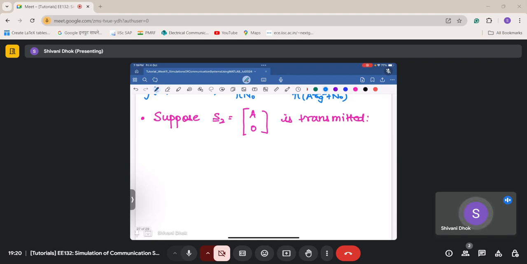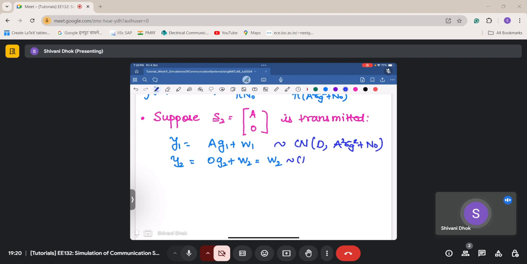In that situation, y1 will be equal to ag1 plus w1, and y2 will be equal to 0g2 plus w2, which is equal to w2. Now like the previous case, y1 will be distributed Cn 0 comma a square sigma g square plus n naught, and y2 will be distributed Cn 0 comma n naught.